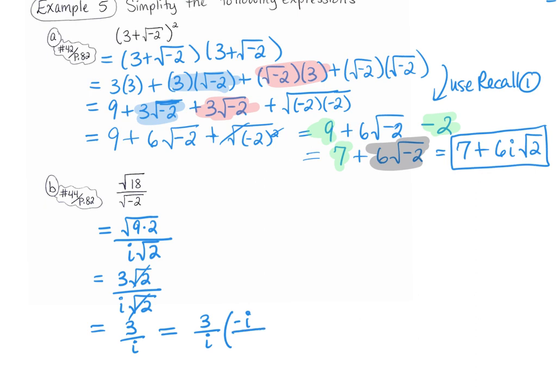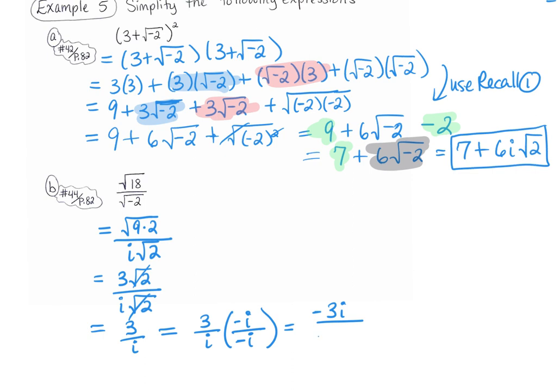Negative i. Very good. Over negative i. Remember, you have to put it in the form of 1. You're great at identifying the complex conjugate. Make sure you multiply by the complex conjugate in the form of 1. That's important. Okay? So then we multiply. 3 times negative i is negative 3i.